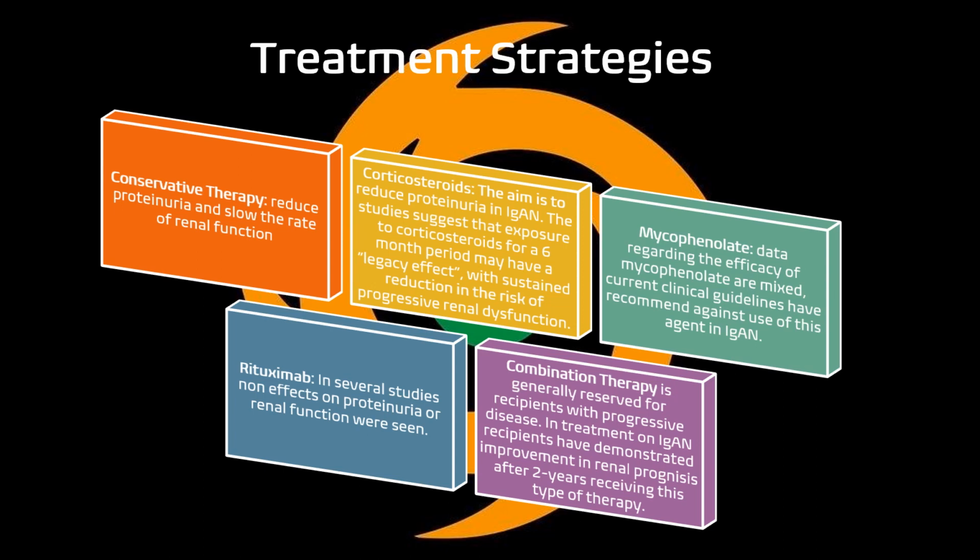So conservative therapy is to reduce proteinuria and slow the rate of decline in renal function, and corticosteroids can be used to reduce proteinuria in IgAN, and studies have evidence that exposure to corticosteroids for a 6 month duration may have something that's been referred to as a legacy effect, with sustained reduction in the risk of progressive renal insufficiency.